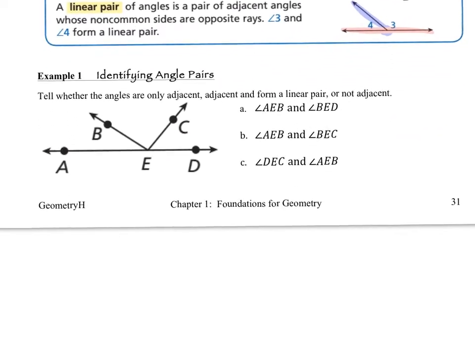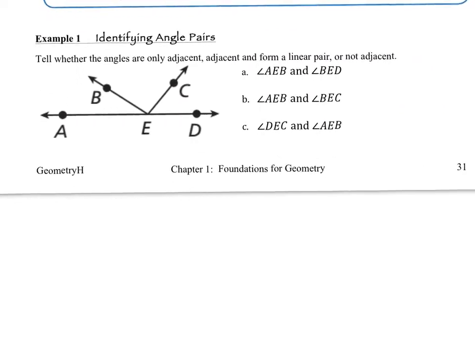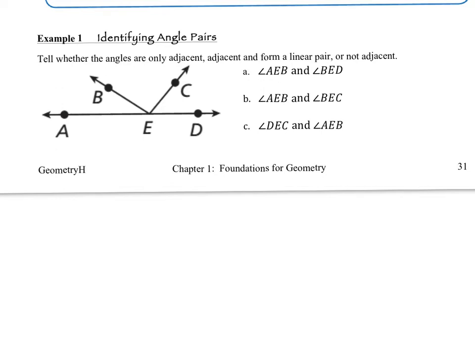On example number 1, we're going to be looking at the pair of angles and saying whether they are adjacent and form a linear pair, or not adjacent. The first pair of angles that we're going to look at are angle AEB and angle BED.